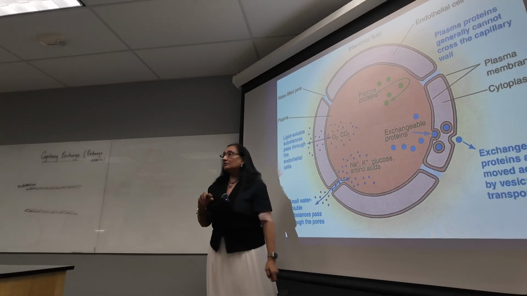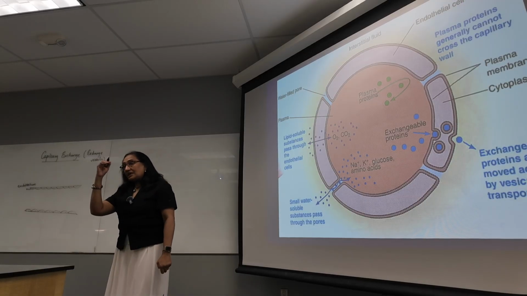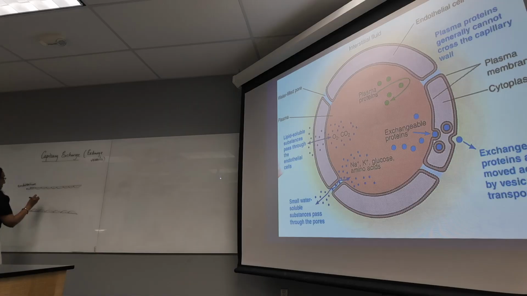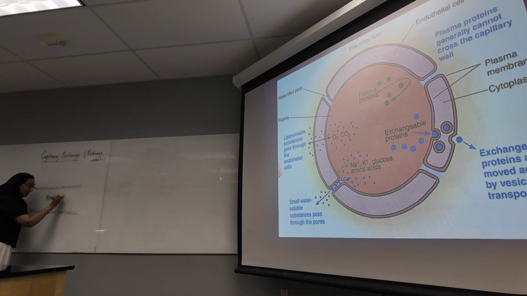Now, the only thing that cannot escape out of the capillary, so this is blood flowing through, nutrients and gases get exchanged. What cannot go out of the blood are the plasma proteins, that is the albumin, the globulin, the fibrinogen.